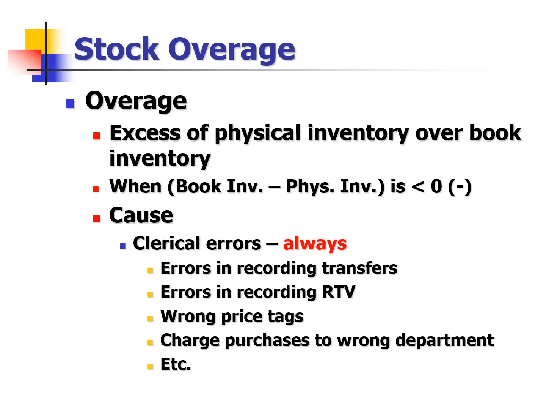When you record transfers in and out, somehow you made it look like you have less merchandise in the book, but you actually have more, right? More higher value merchandise is still left in the store, and you didn't record it that way. So the recording of transfers, recording of returns to vendors, or you just put the wrong price tags, or charging the purchases to the wrong departments, things like that, make you have actually more inventory than what the book says you should have.